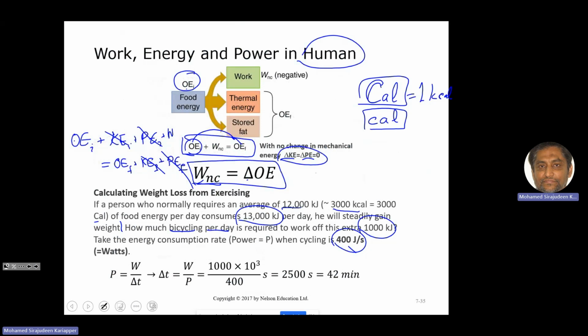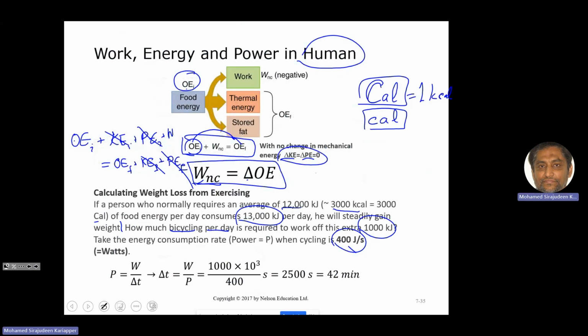And use this information to find how much bicycling you have to do in a day, how long you have to do this exercise to lose 1000 kilojoule, right? If you do 1 second bicycling, you will lose 400 joule.